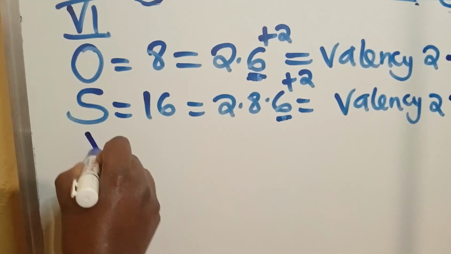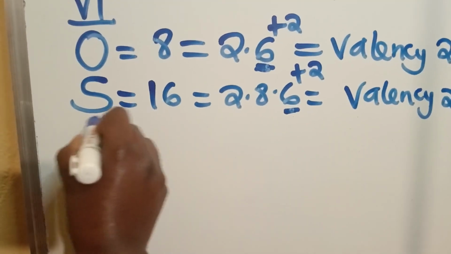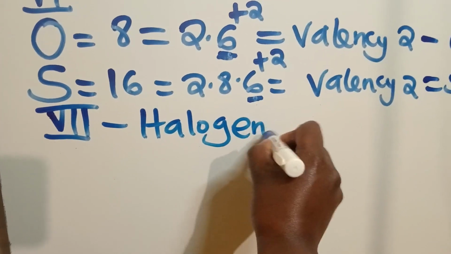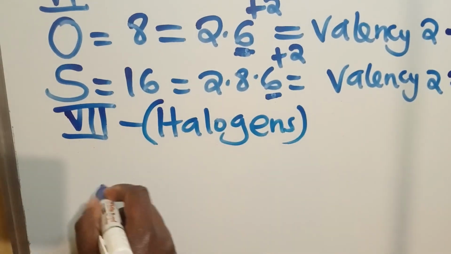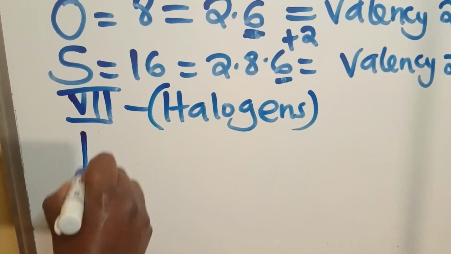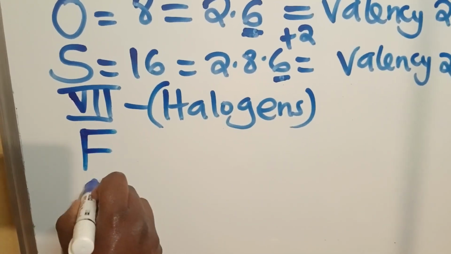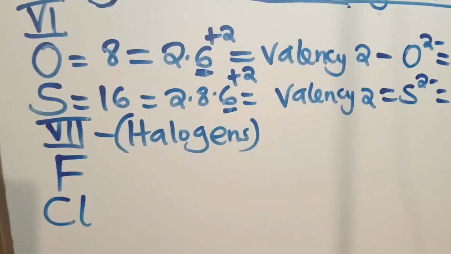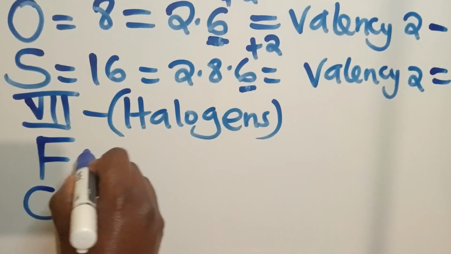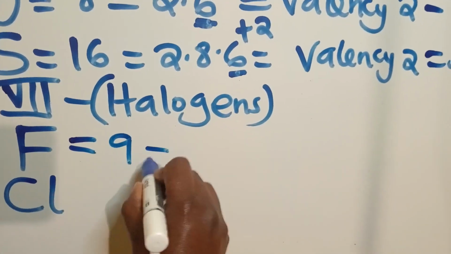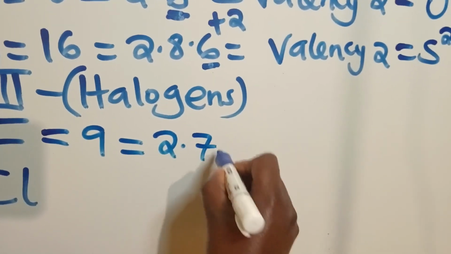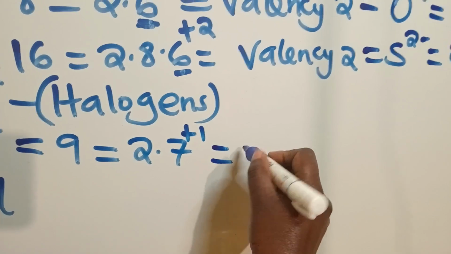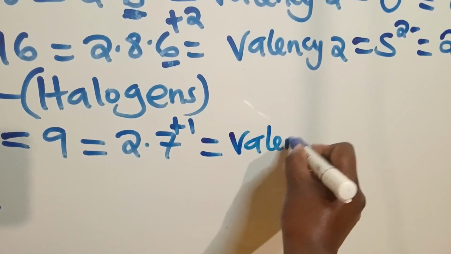Next, we go to group 7, where we have the halogens. So in this one, again, we have 2 elements, fluorine and chlorine. Fluorine has atomic number 9, electronic arrangement 2.7, so we'll be required to gain 1, so then we'll have a valency of 1.